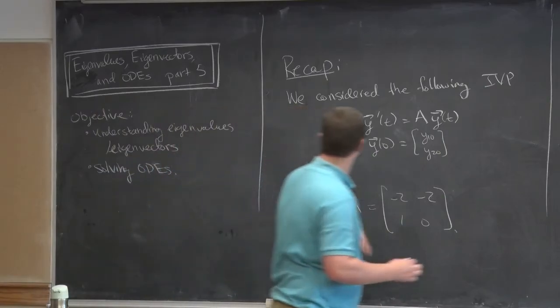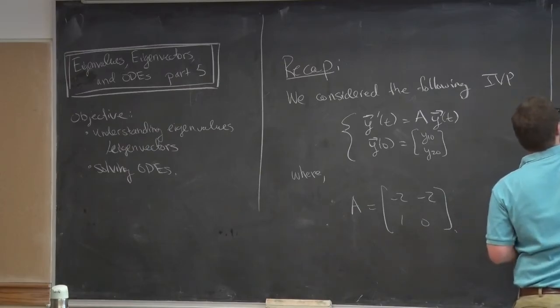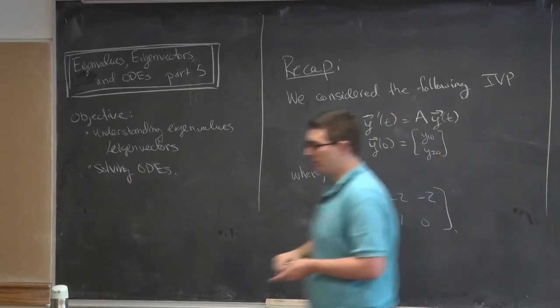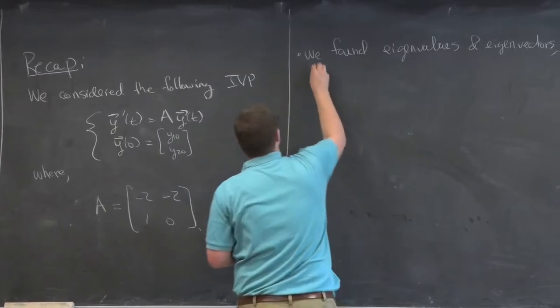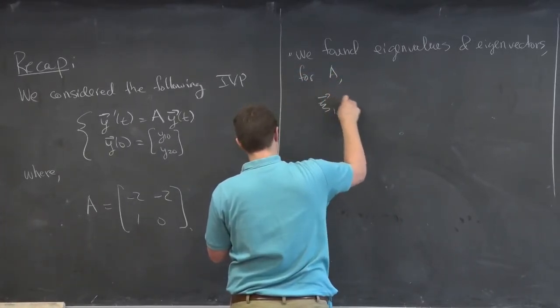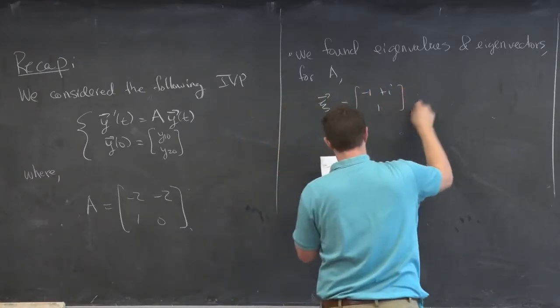Okay, so then we found eigenvalues and eigenvectors. Okay. So we found eigenvalues and eigenvectors for the matrix A, and these were the following. -1 plus i, 1.